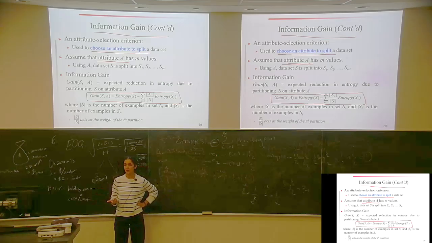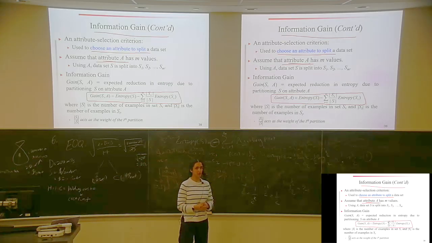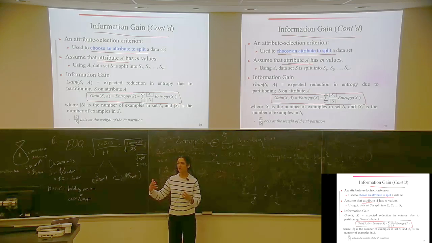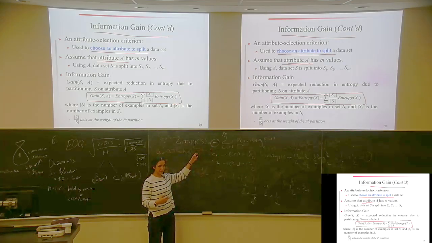It means that we want to reduce impurity as much as we can. How can we measure that reduction in impurity? Using information gain. So you have to measure the impurity of the original set.